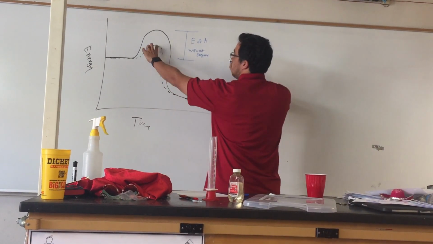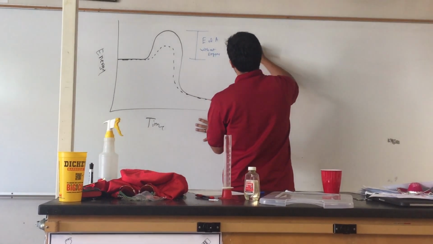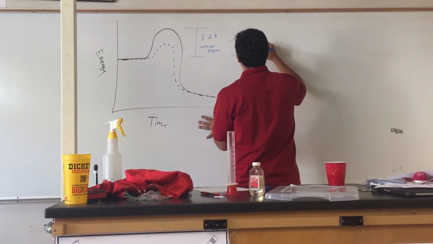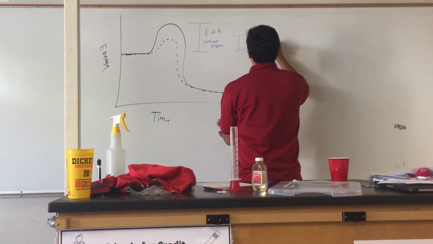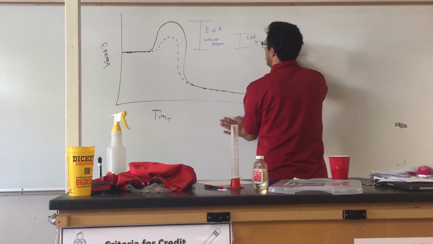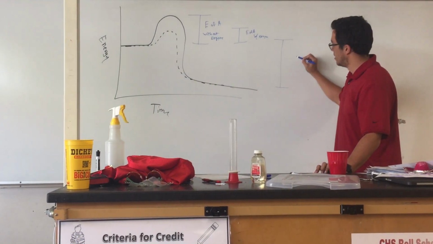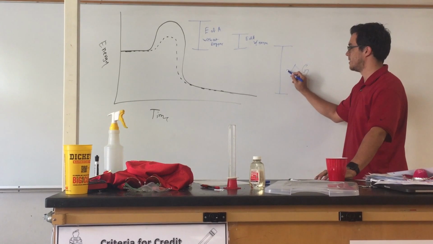This one, from here to here, is E of A with enzyme. And then from here to here, you know what that would be? Delta G. Specifically for this one, it's negative.